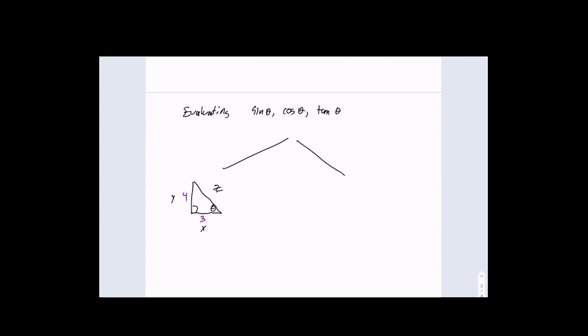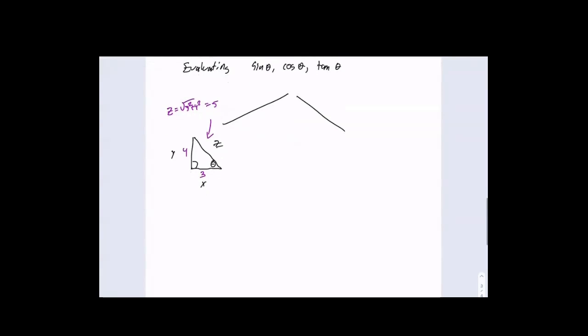All right, and therefore z is equal to the square root of 3 squared plus 4 squared, which would be 5. That's how you would be given these values, and therefore sine of theta would be 4 over 5, cosine theta 3 over 5, and tangent of theta would be 4 over 3. So that's one of the ways that you do it.